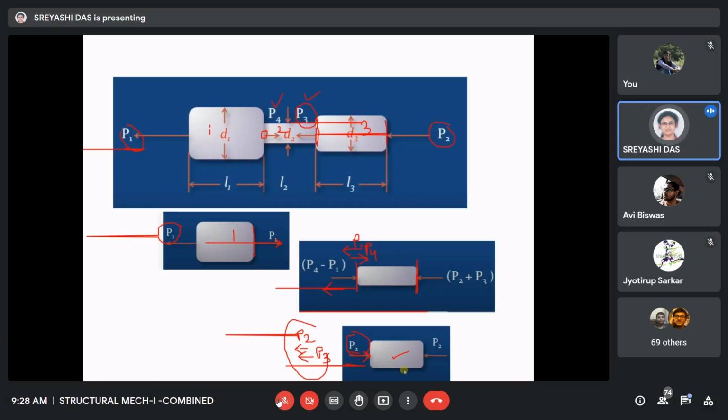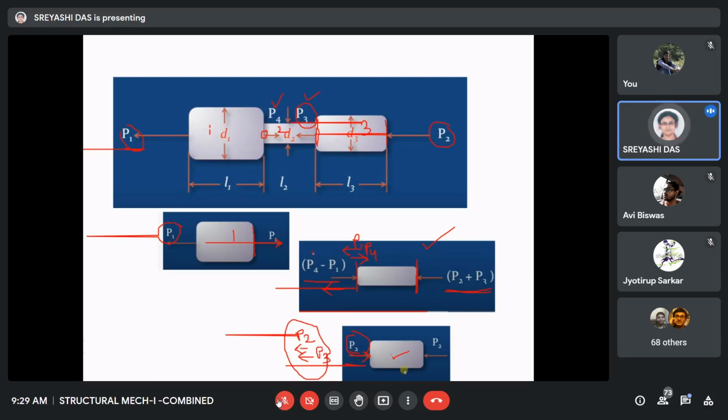So the total load will be P2 plus P3. From this free body diagram of the second part, we can say P4 minus P1 must be equal to P2 plus P3. Now suppose P1, P2, P3 are given.